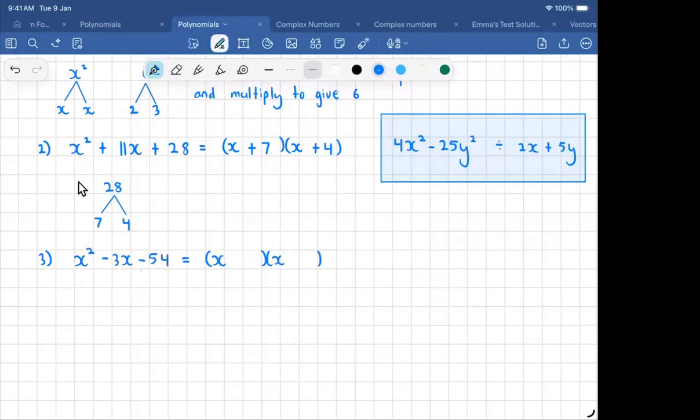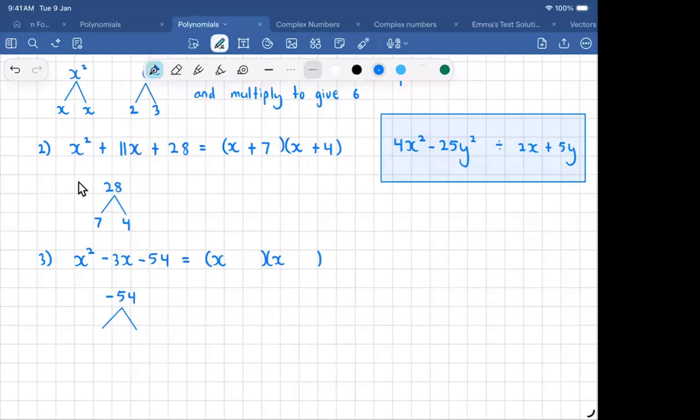And let's look at the last term. The last term is minus 54. Whatever you choose, when you add it, you're supposed to get back minus 3. So think carefully. How can you multiply to get back minus 54? 6 and 9.